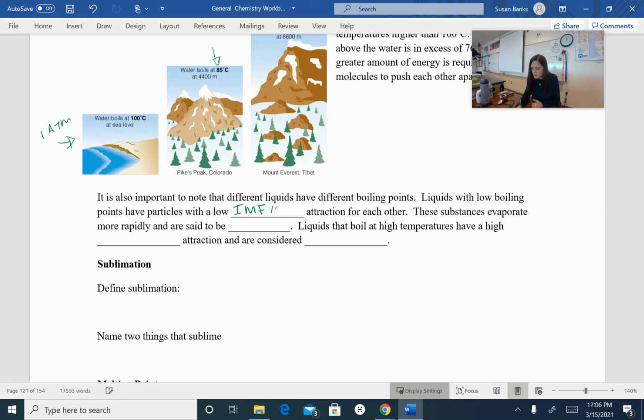When they only have London dispersion forces, they're going to have relatively low boiling points. Substances that evaporate more rapidly because they have low IMFs are said to be volatile. Liquids that boil at high temperatures have high IMFs, high intermolecular forces, and they are considered non-volatile.